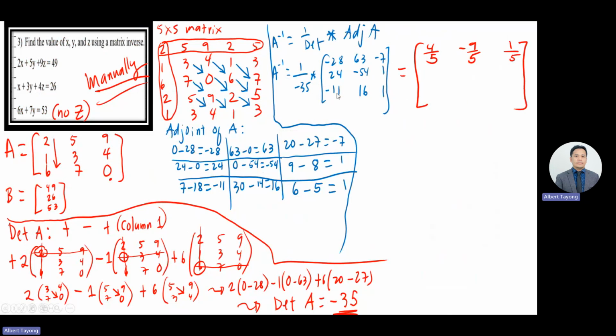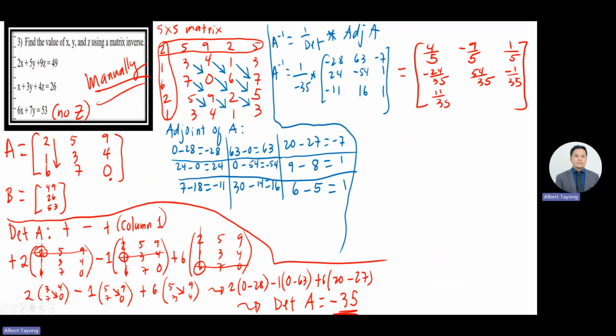And then here we have 24 and negative 35. That will be the same, but negative. And then here we have 54 over 35. Positive now, because we have negative and negative. And the last one is negative 1 over 35. Okay, so the last we have negative 11 and negative 35.